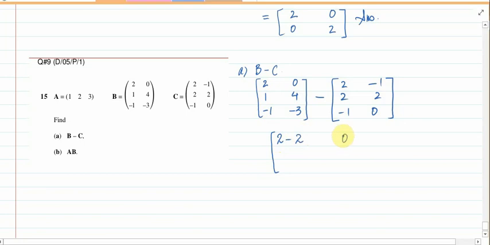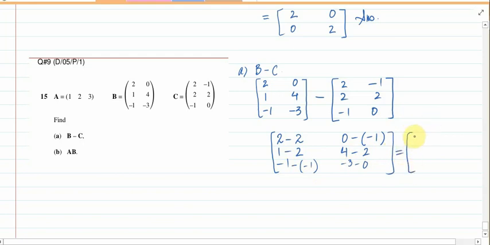Second element 0 minus 1. Third one is 1 minus 2. 4 minus 2. Minus 1 minus 1. And minus 3 minus 0. Right? So solve it further.